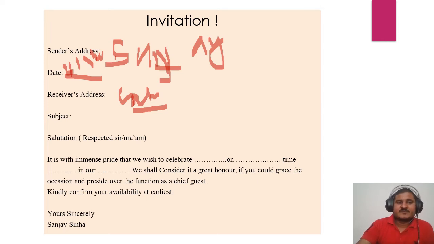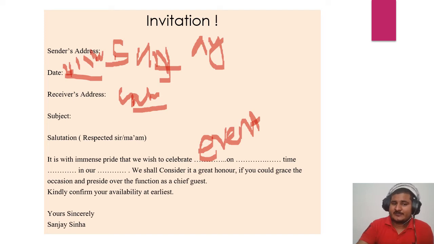Now here you can see I have written that it is with immense pride that we wish to celebrate. Here you have to write the name of the event, which event you are wishing to celebrate. Then on, you have to write on which date.